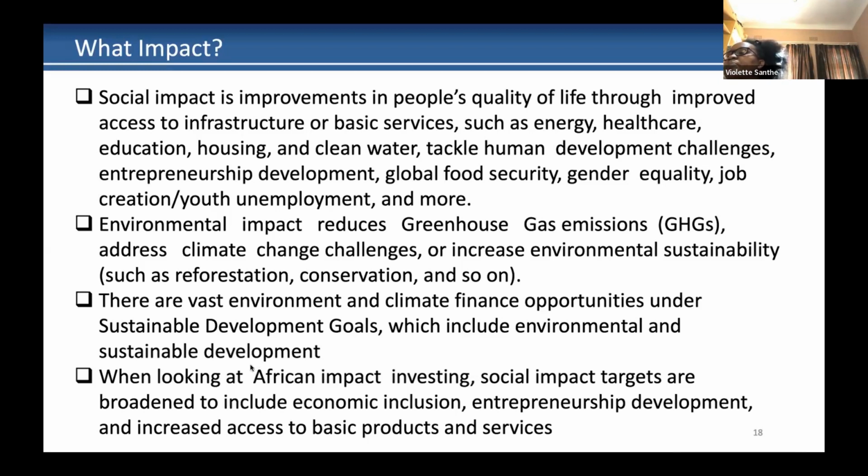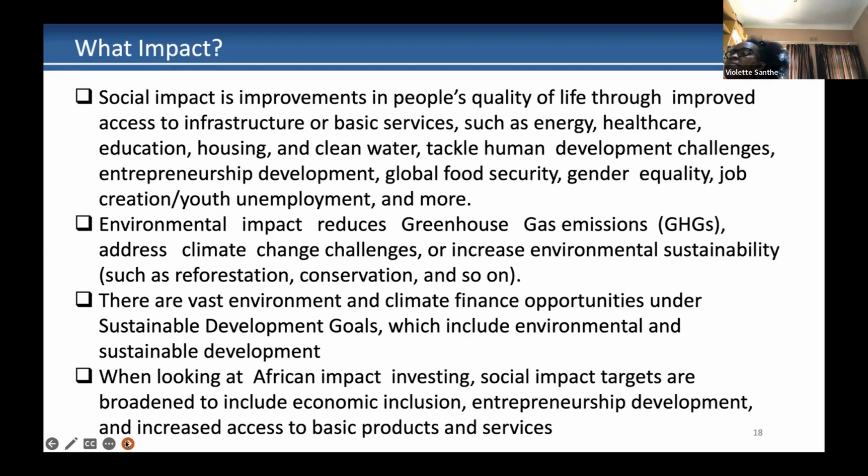The other angle of impact is environmental impact, which is generally understood as initiatives that will reduce greenhouse gas emissions, address climate change challenges, or increase environmental sustainability, such as reforestation, conservation, and so on.